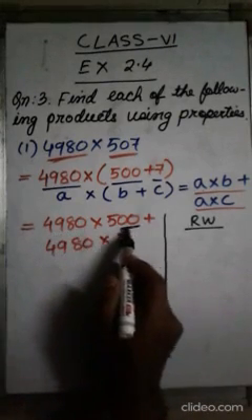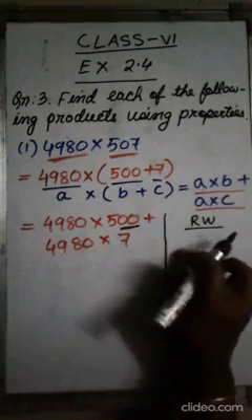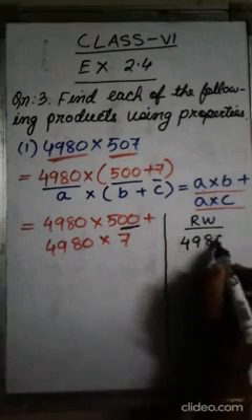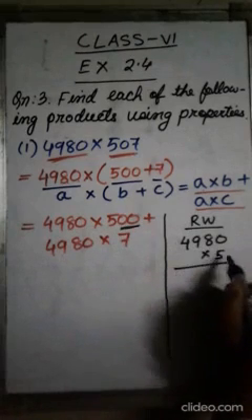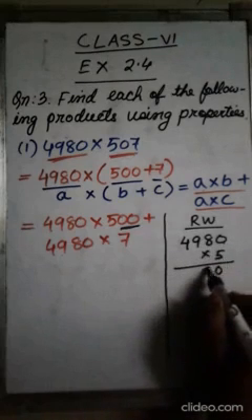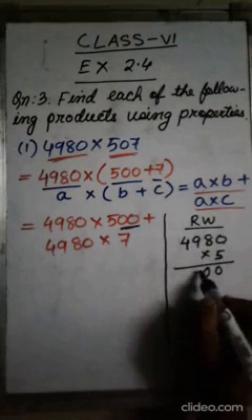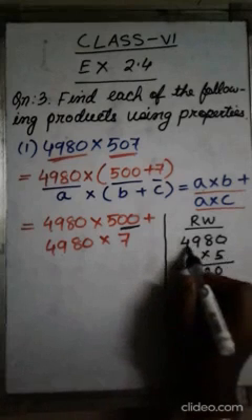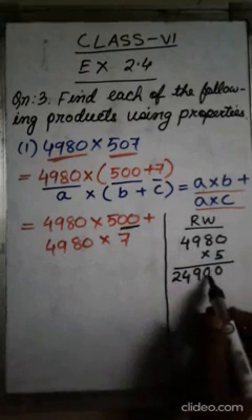So leave these two zeros and try to find the multiplication of 4980 into 5. It will be equal to 5 into 0 is 0, 5 into 8 is 40, 5 into 9 is 45 plus 4, 49, 5 into 4 is 20, 20 plus 4 is 24, 900.